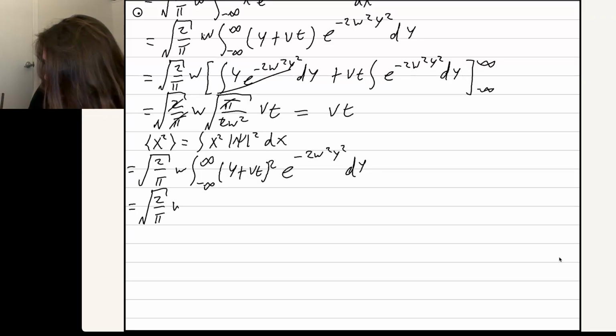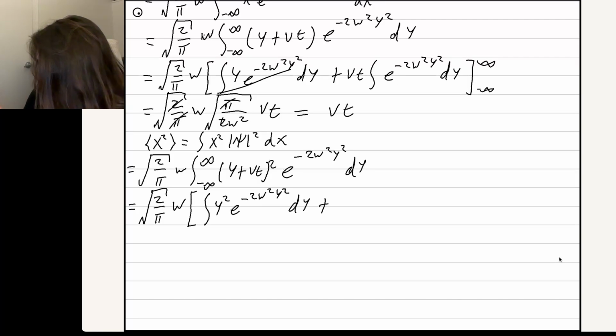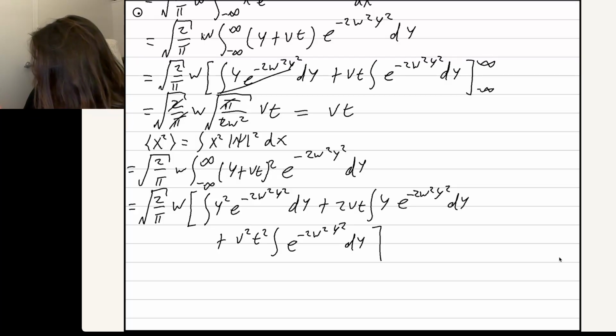We'll have multiple integrals again. We'll have the integral of y squared dy, plus 2vt times the integral of y e to the minus 2 w squared y squared dy, plus v squared t squared times the integral of e to the minus 2 w squared y squared dy, from minus infinity to infinity.